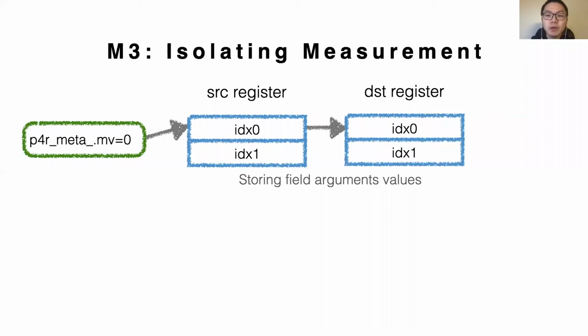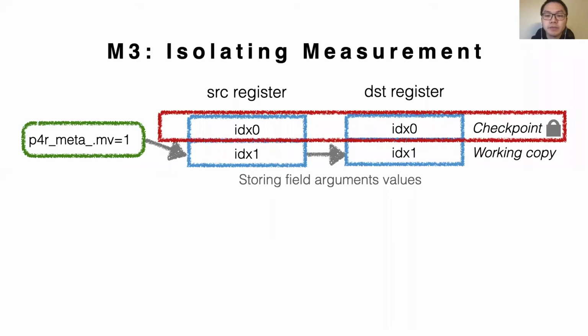For example, originally, the measurement bit is 0, so index 0 of the registers serves as the working copy. When the agent is ready to poll, it flips the measurement bit from 0 to 1, making version 1 the new working copy. From that point, version 0 stops being updated, which means that the control plane can poll it without worrying about concurrent modifications.